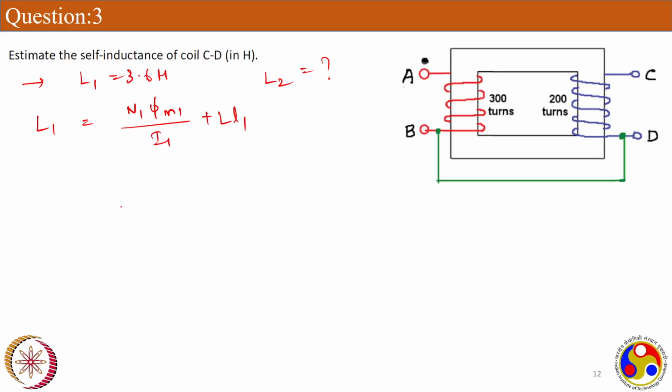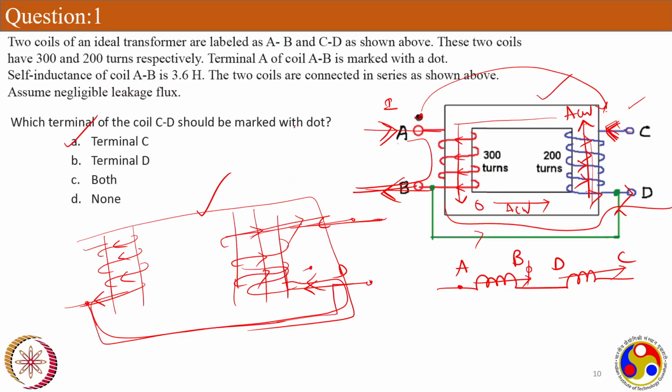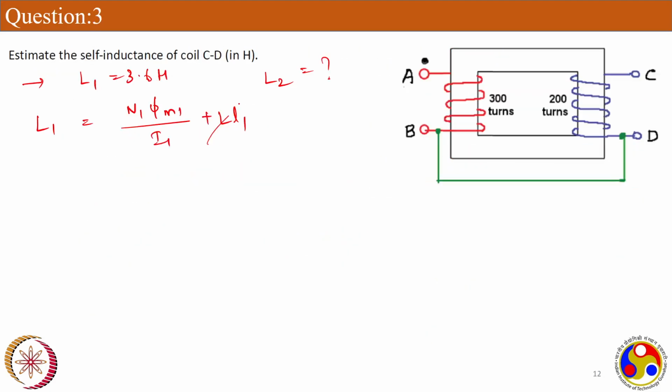But in the question, what was given is an ideal transformer, and we have to neglect the leakage resistances and leakage reactances. So there is negligible leakage flux, there is no leakage now. Now I am neglecting this. This is 0. Now L1 comes out to be N1 phi M1 by I1.